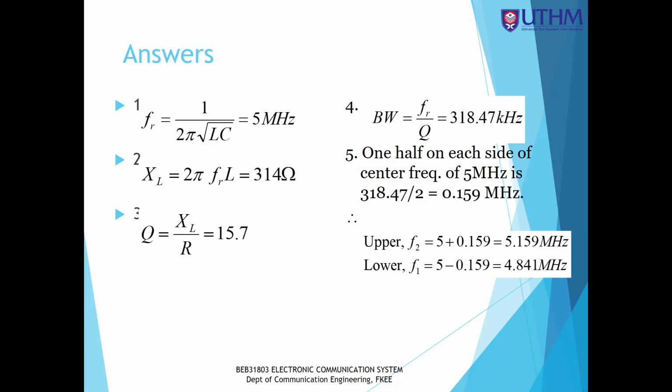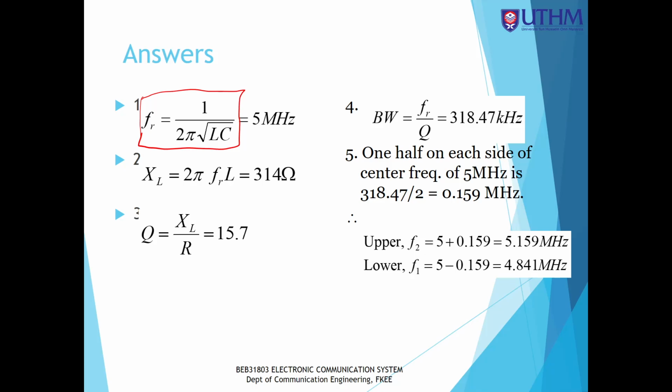So this is how to find the resonant frequency. You put inside the L parameter in Henry and the C parameter in Farad. Put inside the parameters and you can get 5 megahertz.